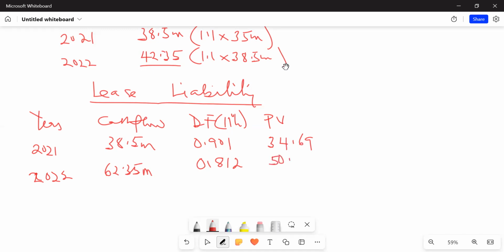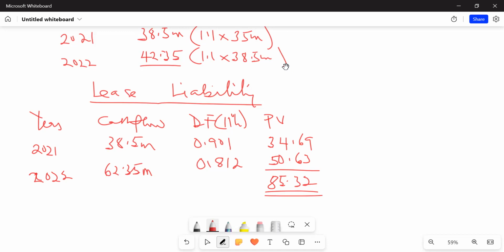So the total is what? 85.32. Okay. So this is the lease liability. This is the lease liability at the beginning of the lease period.